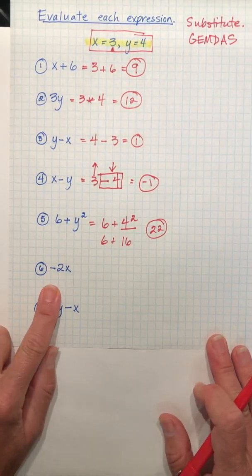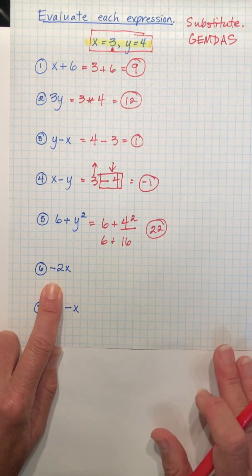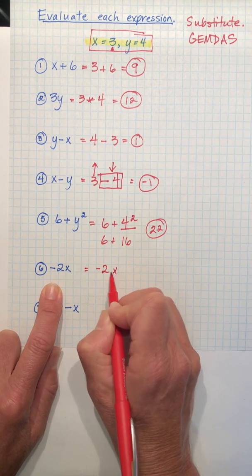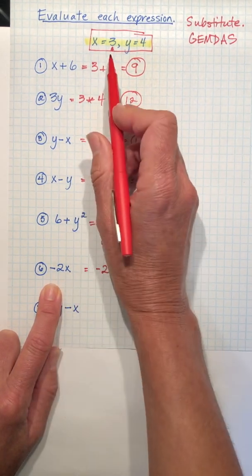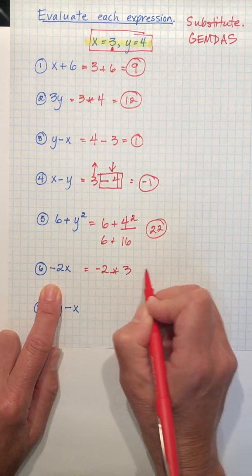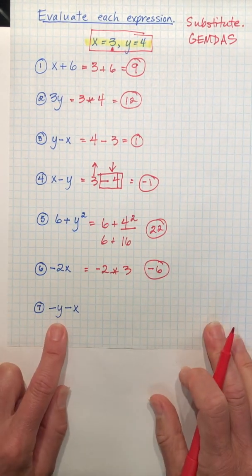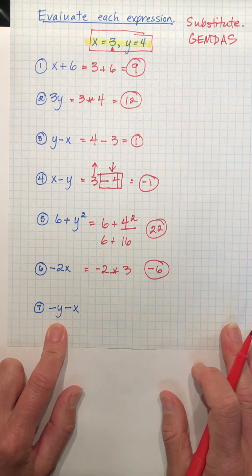All right, so number 6 says negative 2x. So that will be equal to negative 2 times my x value of 3, which equals negative 6. And here's the last one.